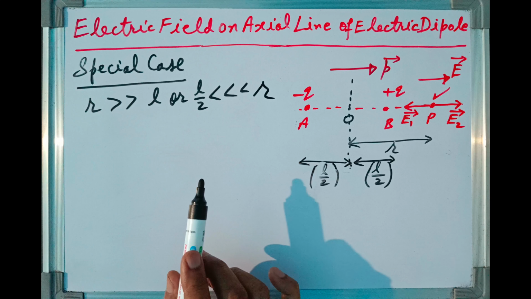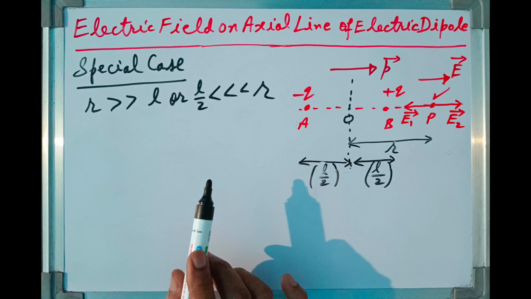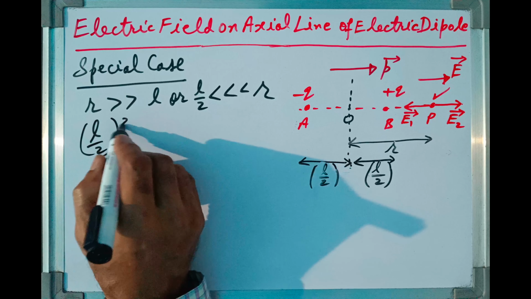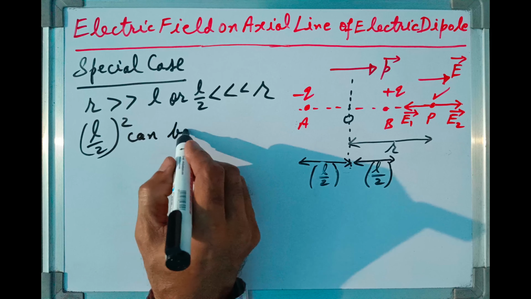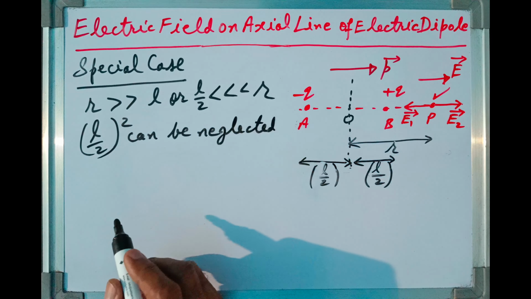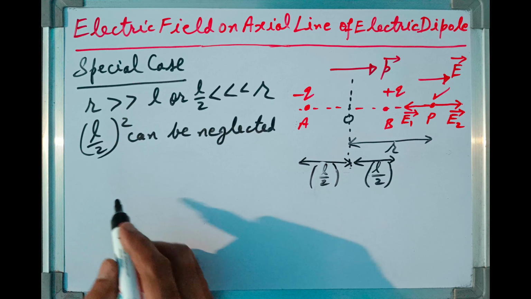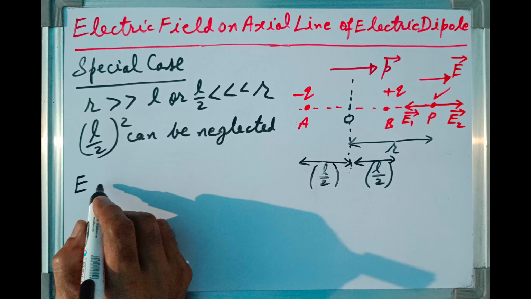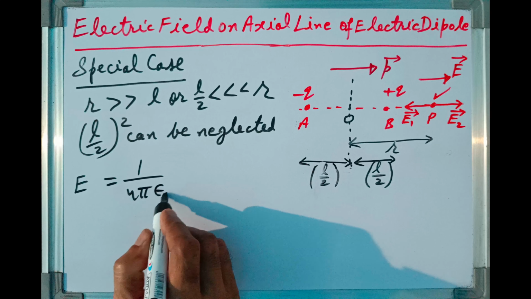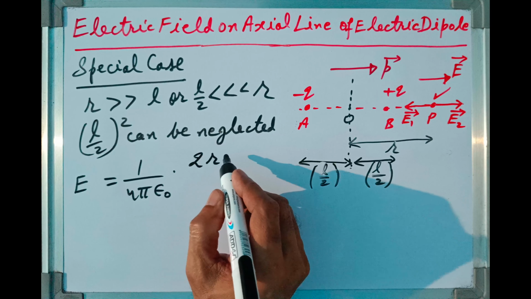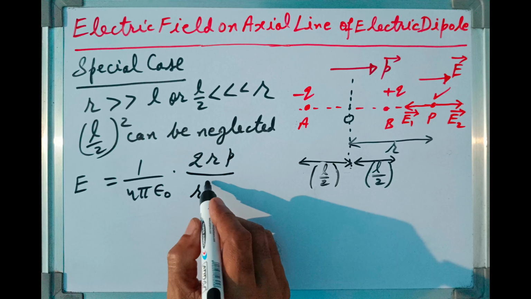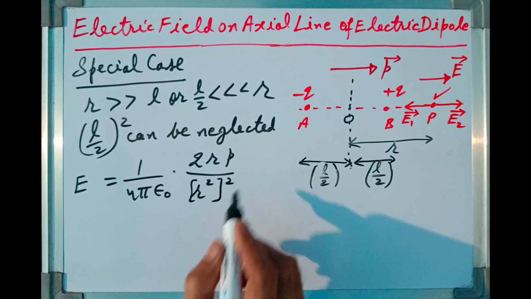In that case, in the previous expression I have derived for electric field, L by 2 square can be neglected in comparison to r square. After neglecting this term in the previous result, I can write E is equal to 1 over 4 pi epsilon naught 2 r p divided by r square whole square.